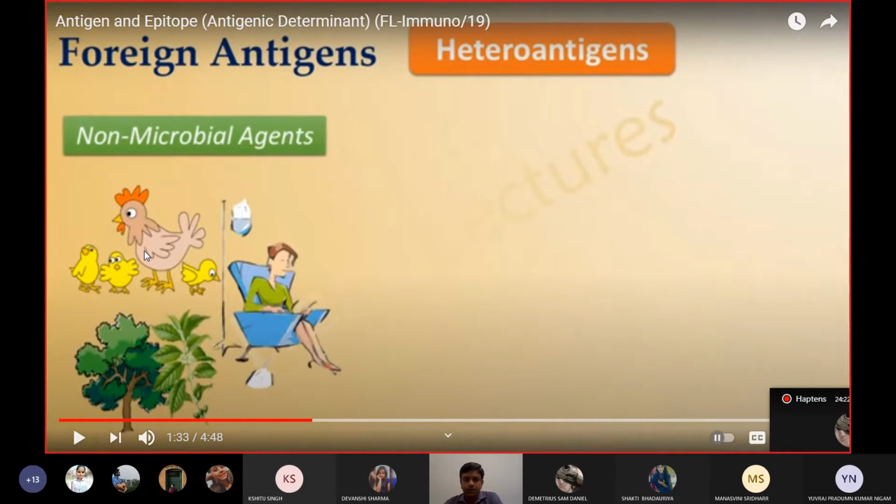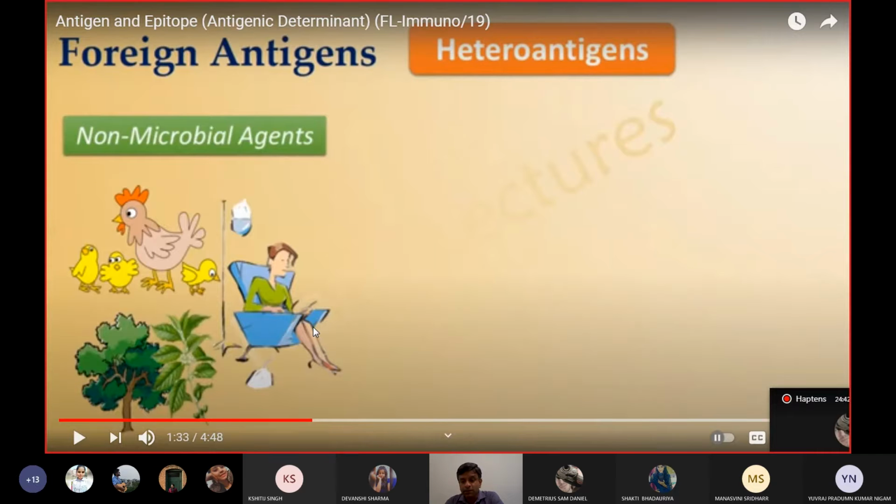Another example they have talked about is any protein from any other person, for example, blood. We first have to match the blood groups. We have to match the antigens. If the antigens are the same, we can use that blood.